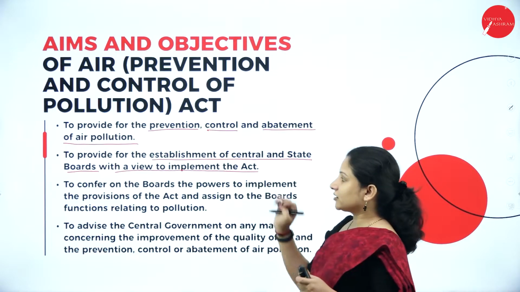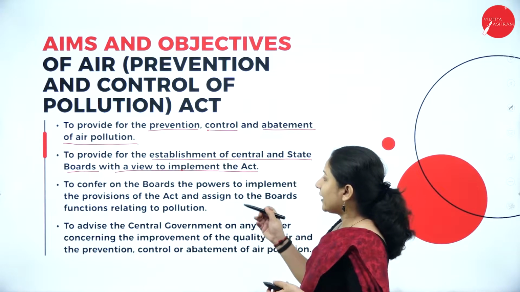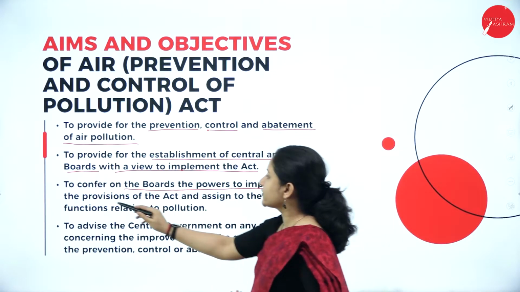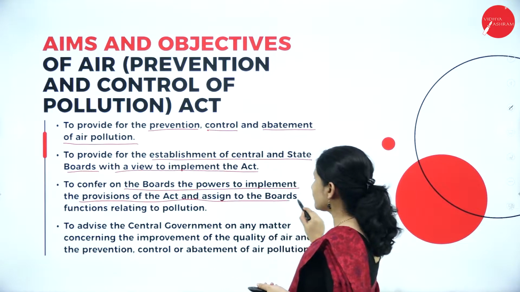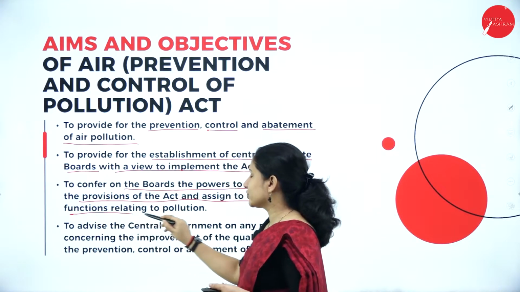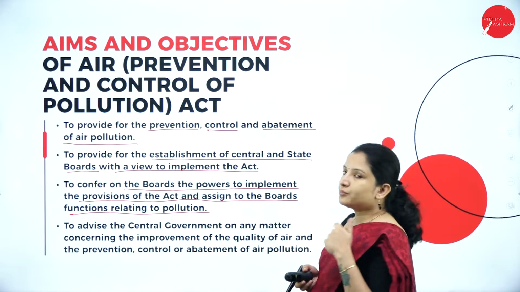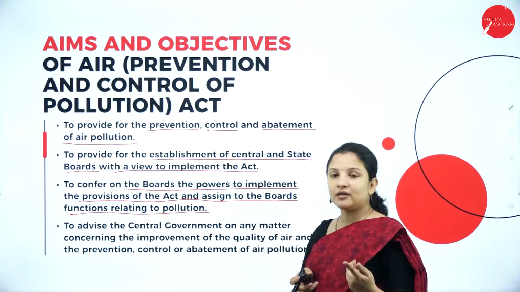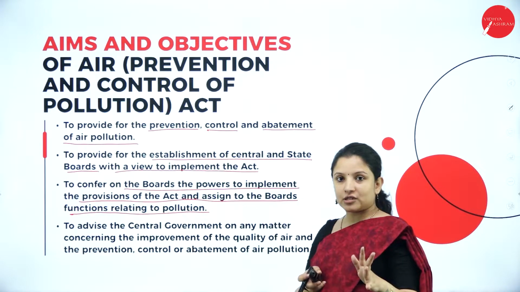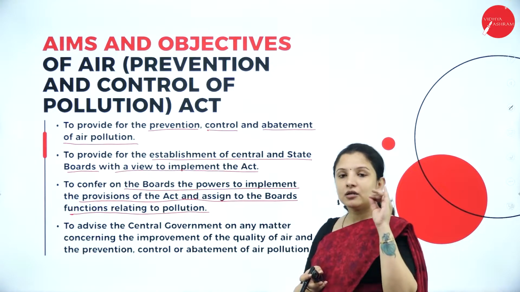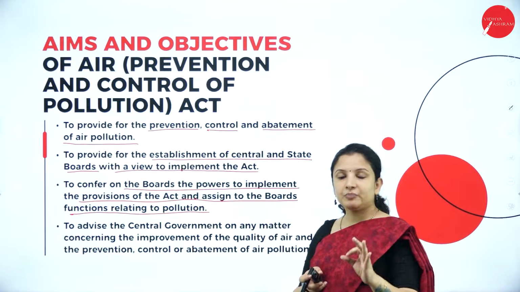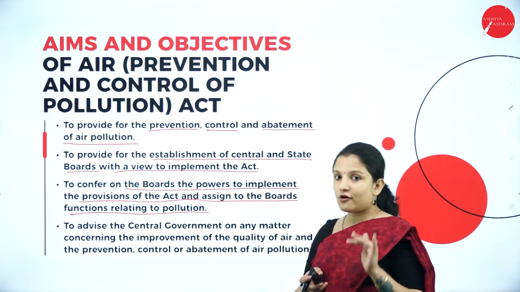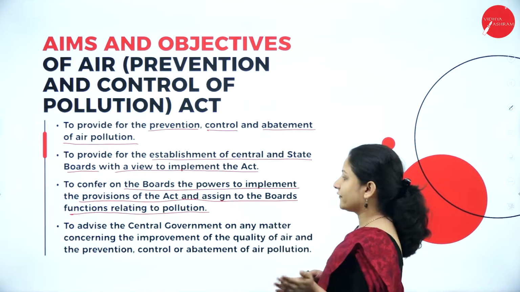It confers on the boards the powers to implement the provisions of the act and assigns to the boards functions relating to pollution. Whatever pollution control boards have been set up in the central and state governments are given full authority to make sure that the laws are implemented and people follow the act, and they can punish them according to the offense they have committed.